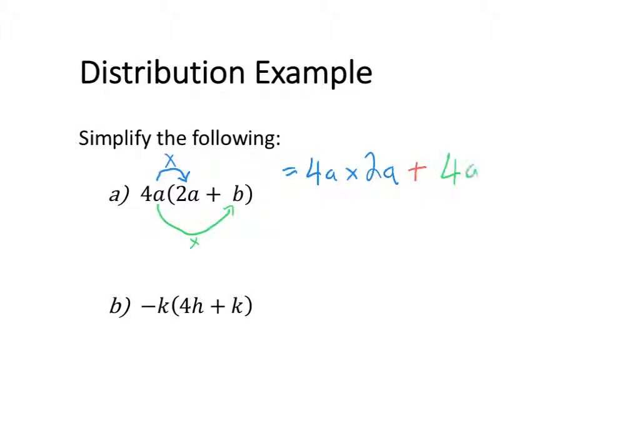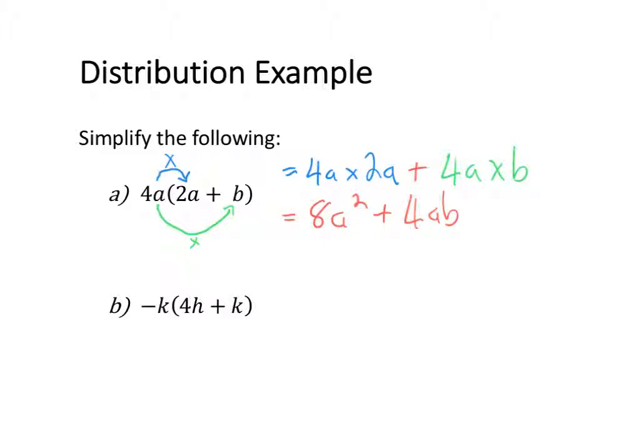So 4a times b. And that can be simplified to equal 4a times 2a, so 8a squared, plus 4a times b, so 4ab. So my simplified answer is 8a squared plus 4ab.